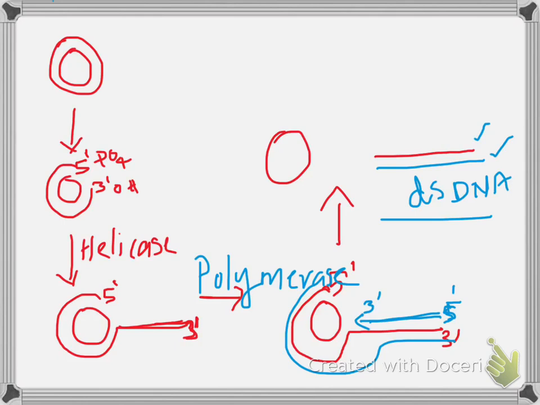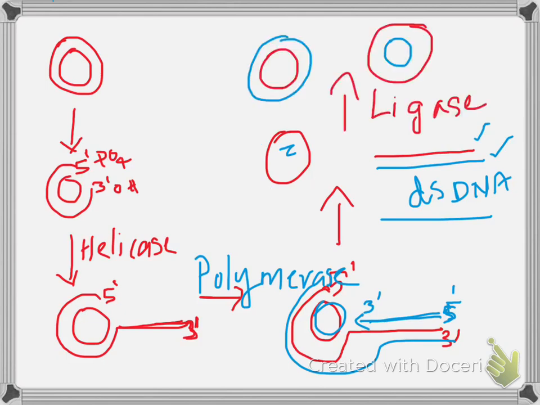And we get this circular single DNA strand like this. The polymerase enzyme acts on this strand also and forms a complementary strand to this.